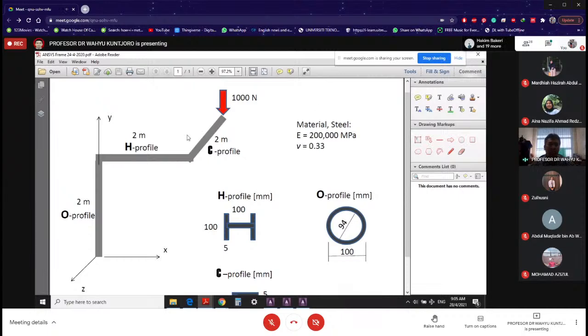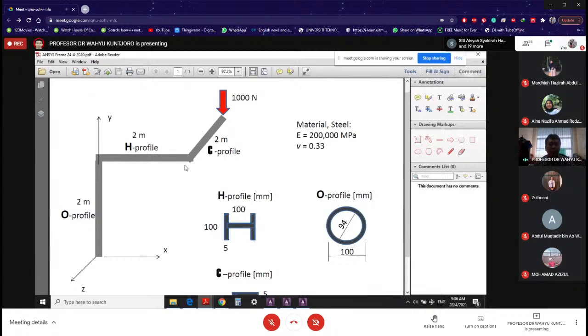What else? Now we have three different profiles, meaning the cross section of the frame is not the same. For the vertical member, I have O, meaning it's a kind of tube. Look at what we have on the right, the O profile. It's a circular tube, with the outer diameter and inner diameter given there.